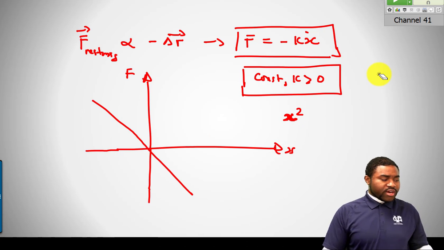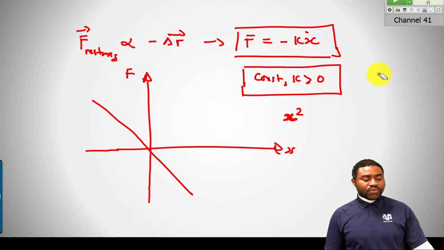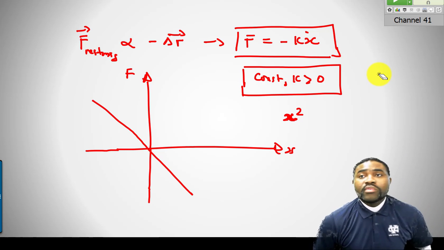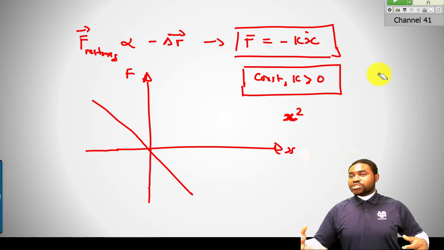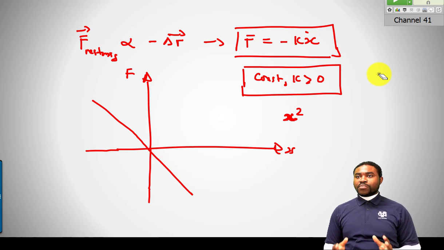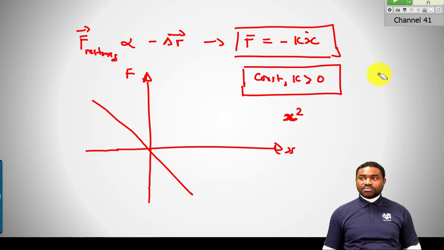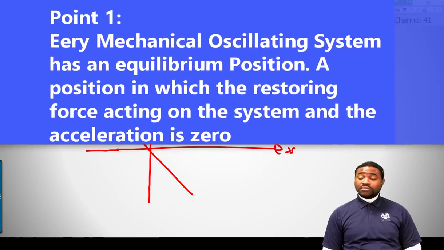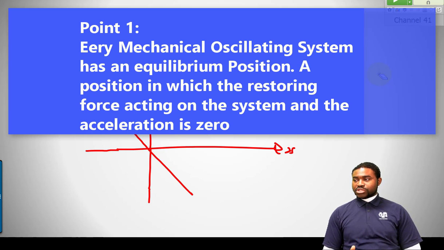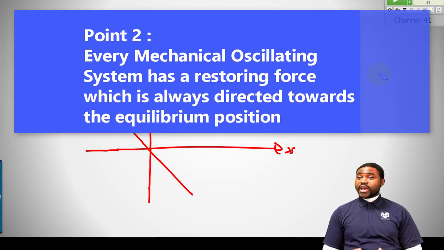Before I proceed, I have mentioned the following important factors. Let's review them. Throughout this chapter, which is pretty short, you will use these 4 points in analyzing the systems. 1. Every mechanical oscillating system has an equilibrium position. 2.